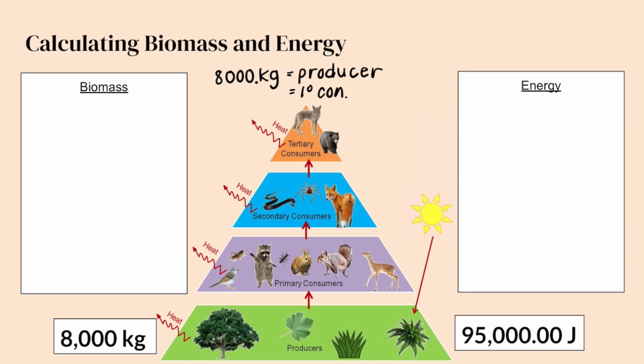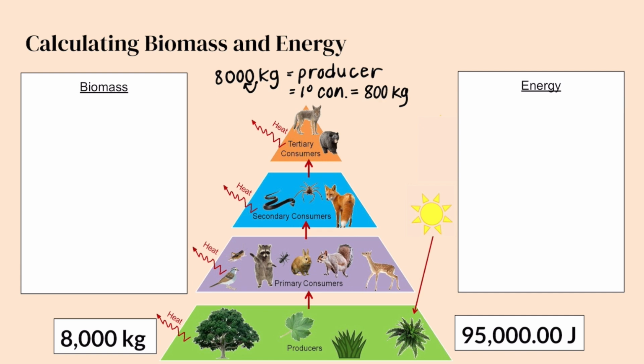So we have a decimal point right here. This is the same thing as multiplying by 10%, but you just move it over 1, and then our primary consumers have a biomass of 800 kilograms. See how we moved? There's 3 places now when there was 4 before.